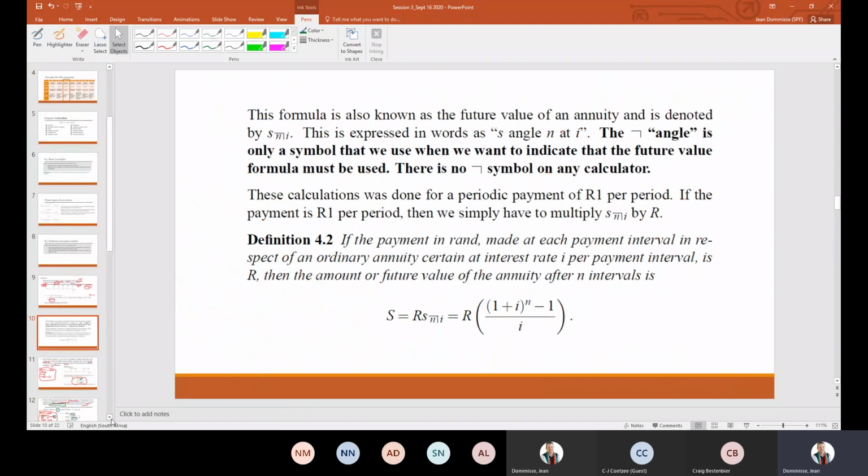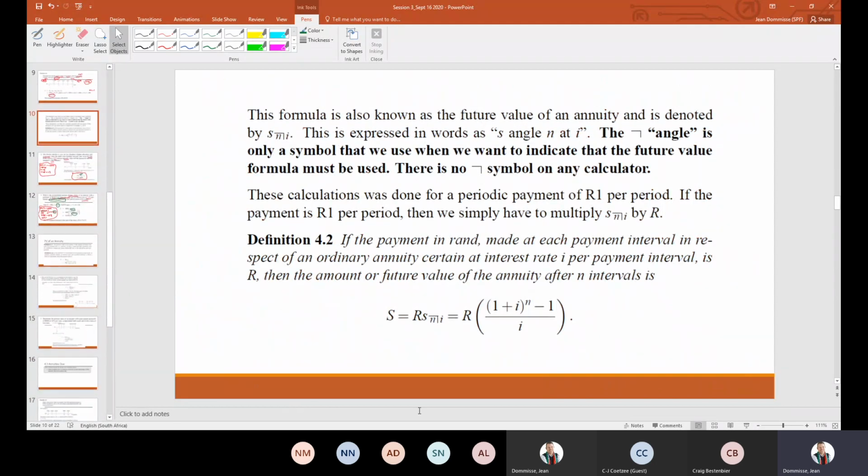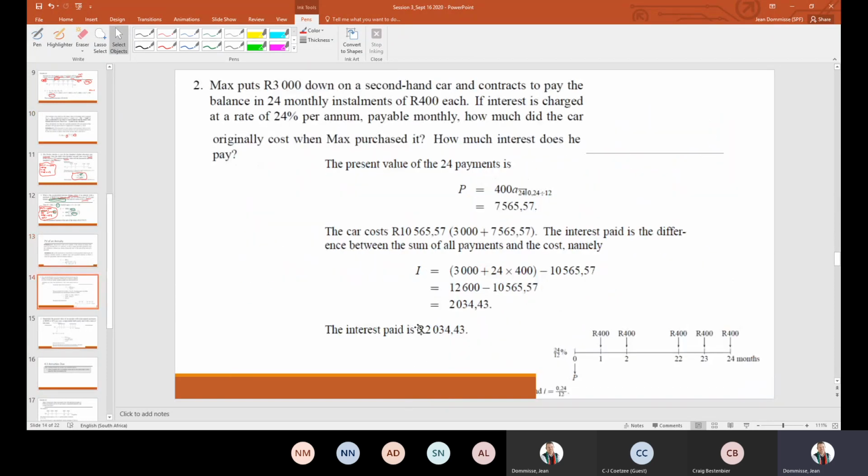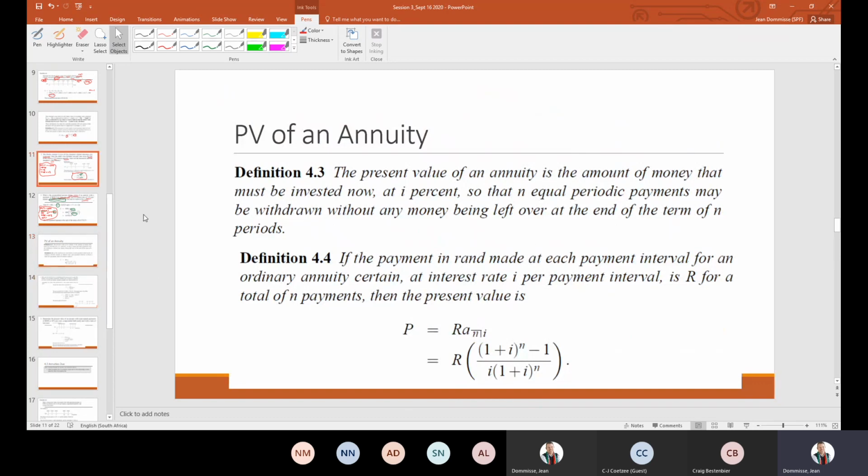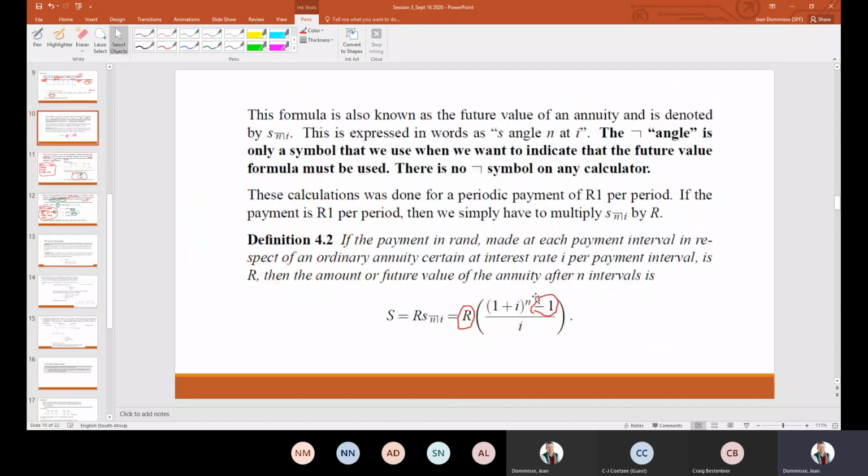So you would see when we worked out the future value, obviously that is your monthly or your annuity that you are paying, and that is the big difference between working out your future value and working out your present value. So let's quickly check here. Where was that? So look at the interest.